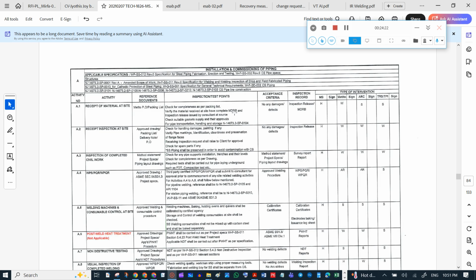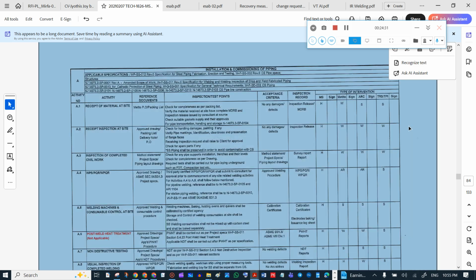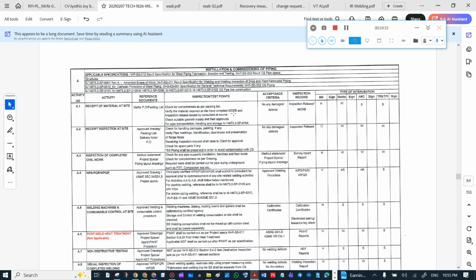What is this MDRB? It is the manufacturer's data record book.